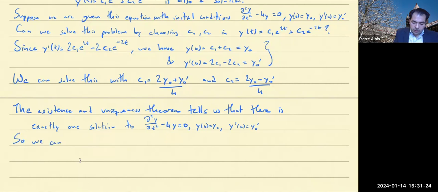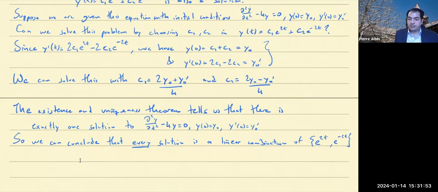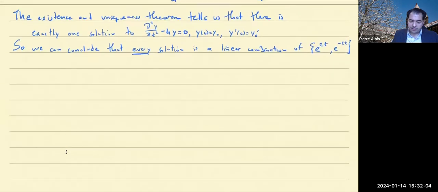So we can conclude that every solution is a linear combination of e to the 2t and, well, in fact, let me write it like this. It's a linear combination of the set e to the 2t, e to the minus 2t. Okay, so that's wonderful. That's the sort of thing we want in general. We want to be able to find the general solution like we did for this problem.